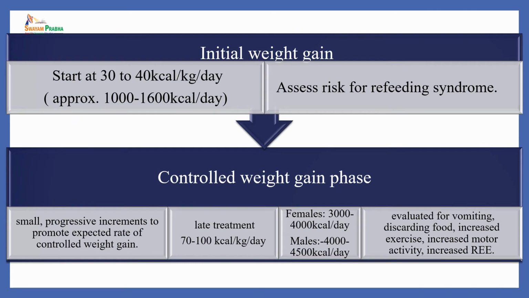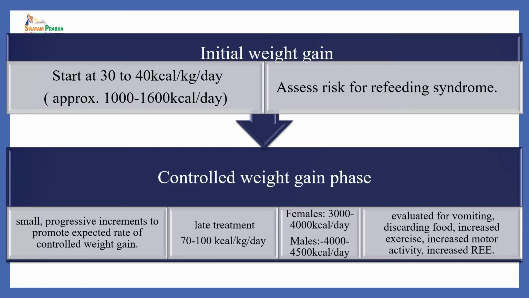Coming to weight management, as we had already discussed, we should go very slowly because there are risks of refeeding syndrome. The first phase, the initial weight gain phase, will usually start with 30 to 40 kilocalories per kg per day, and approximately 1000 calories can be provided, and the range could be anywhere between 1000 to 1600 kilocalories depending upon the risk assessment of refeeding syndrome.